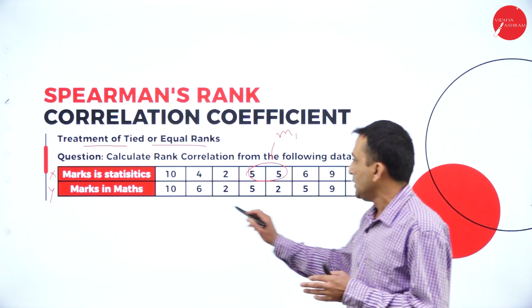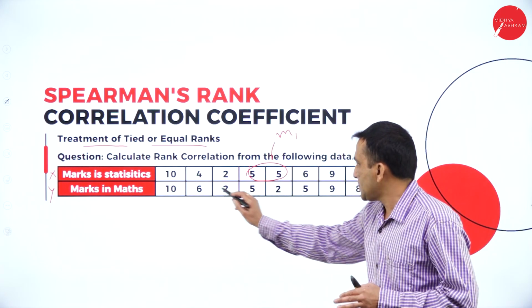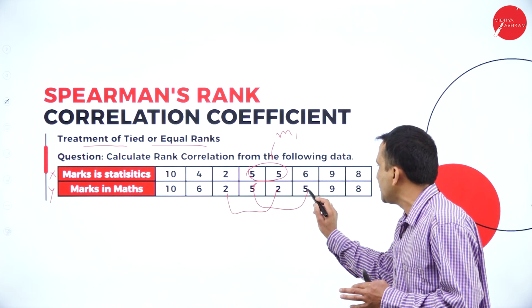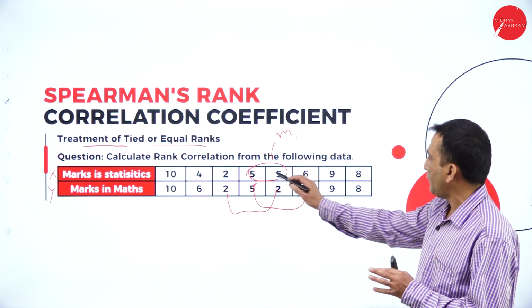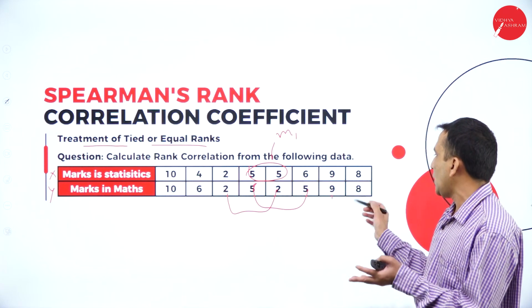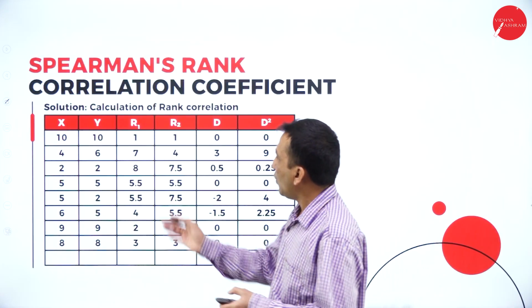From the maths Y series, 10 is not repeated, 6 is not repeated, 2 is repeated 2 times, 5 is repeated 2 times. So here also we are finding a repetition. 9 is not repeated, 8 is not repeated. Whatever is given horizontally, I have written in vertical format.